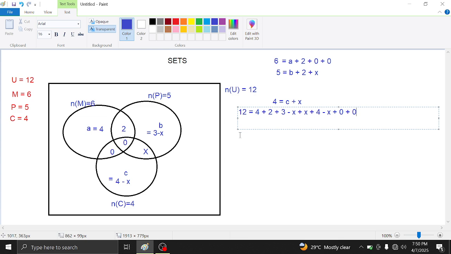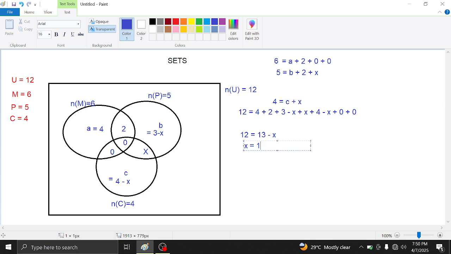So we can say 12, which is the universal set, is equal to 13 minus X, and X is going to be 1. X is 1. So we just send X here and bring that 12 here. 13 minus 12 is 1. So X is 1. So the value of P intersection C is 1, which is X.